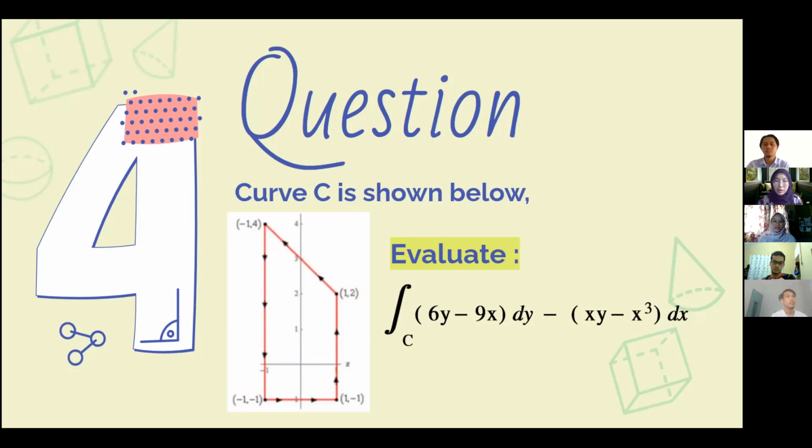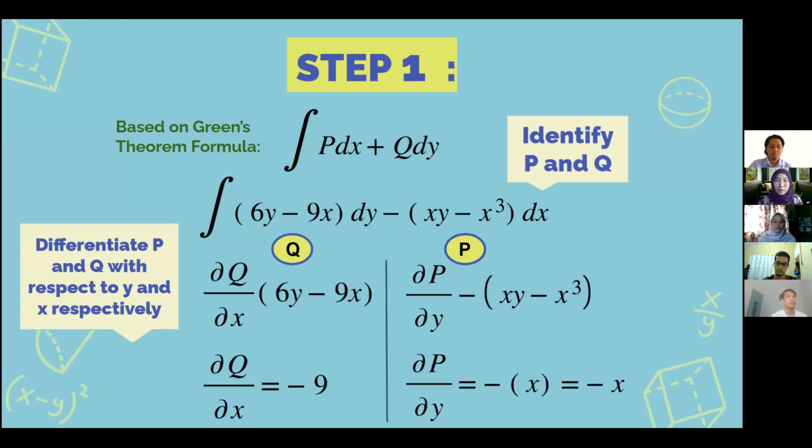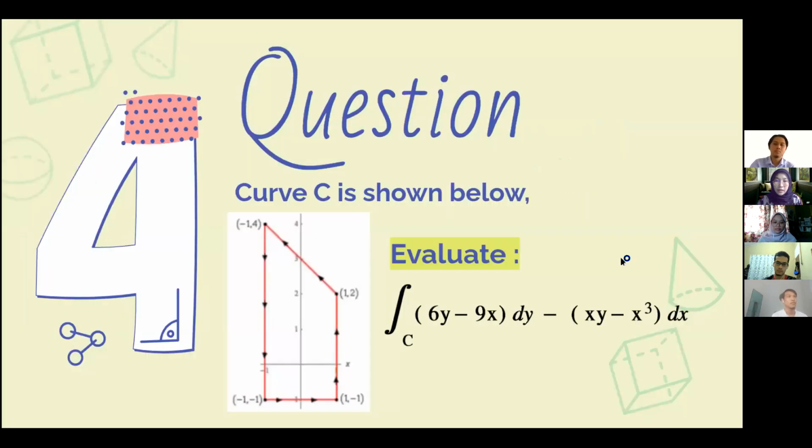Firstly, we must determine that it is a closed curve, and it is a closed curve because, as in the slide before, it starts at the point (1, -1) and ends at the same point.